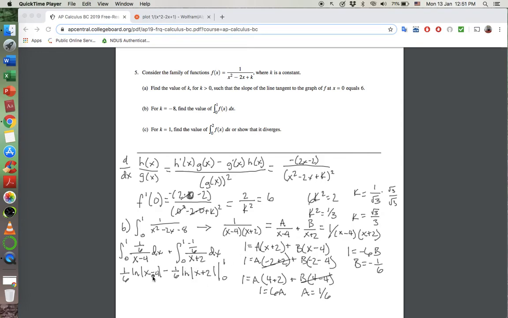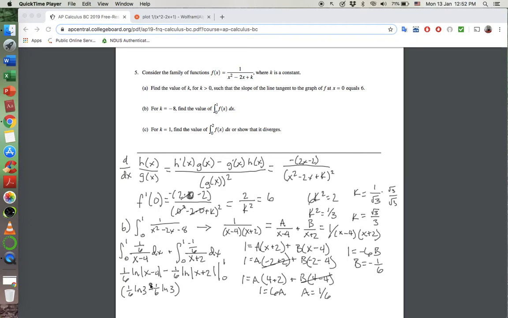And so evaluating our first term, we're going to plug in 1 for x, and we get 1/6 natural log of 1 minus 4, which is negative 3, but remember we had the absolute value, so we get ln 3, and we're subtracting from that 1/6 natural log of x plus 2, where 1 plus 2 is 3, so we get ln 3.